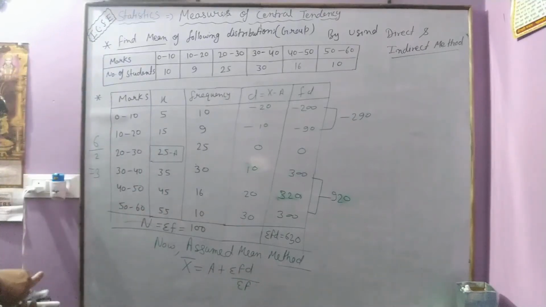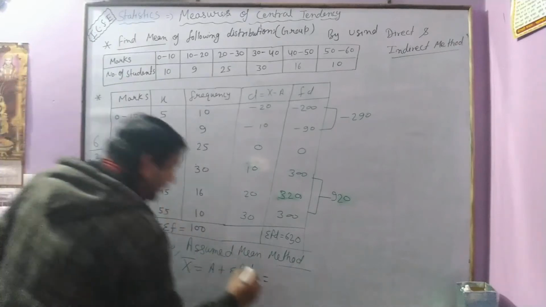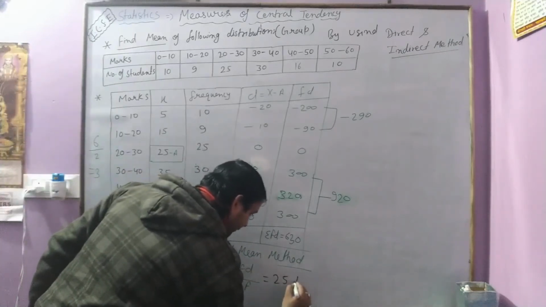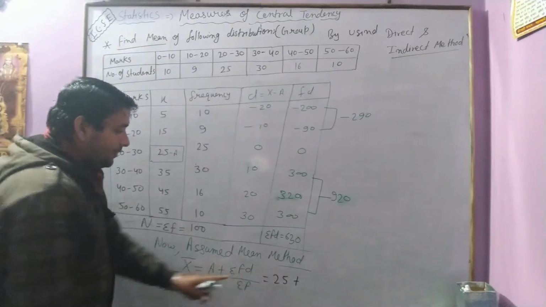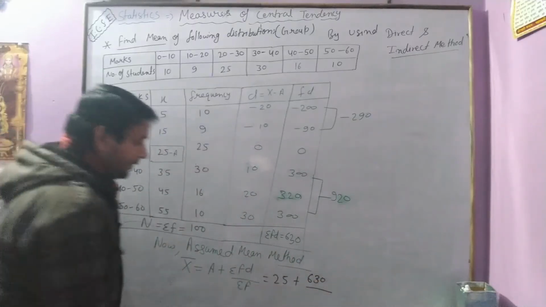Okay, now put the values. A we have taken as 25 plus summation fd is 630 upon 100.